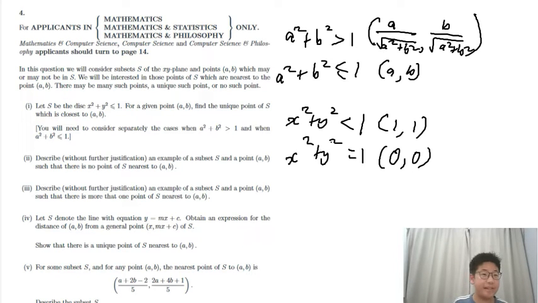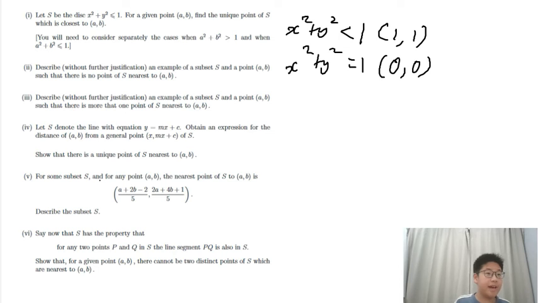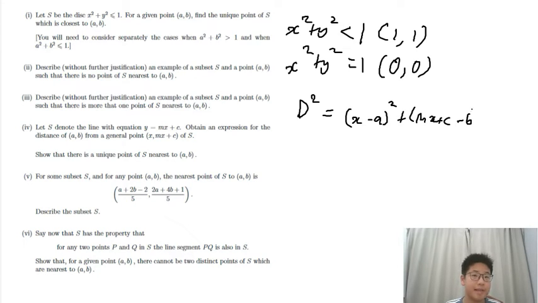So there will be infinitely many points. Let S denote the line, and write the expression of the distance from (a, b) to a general point (x, mx plus c) of S. So D squared equals (x minus a) squared plus (mx plus c minus b) squared. Since we are going to show that there is a unique point on S nearest to (a, b), this means it's (m squared plus 1) times x squared, and we expand the rest.